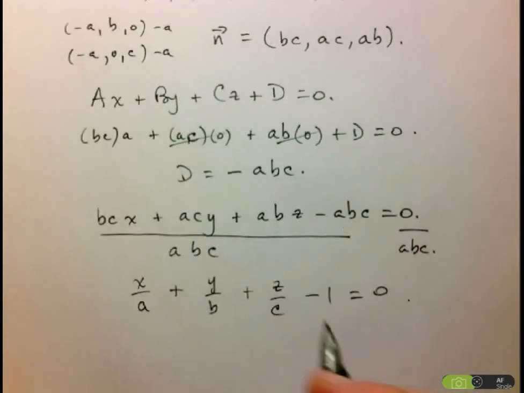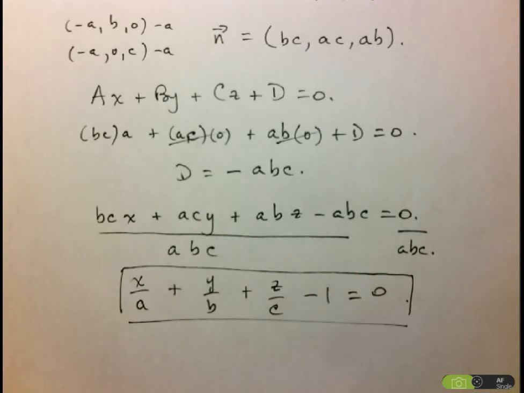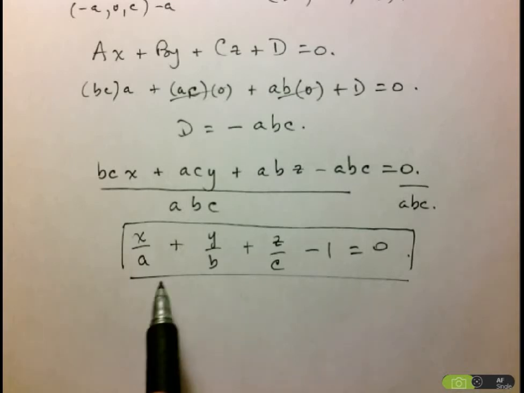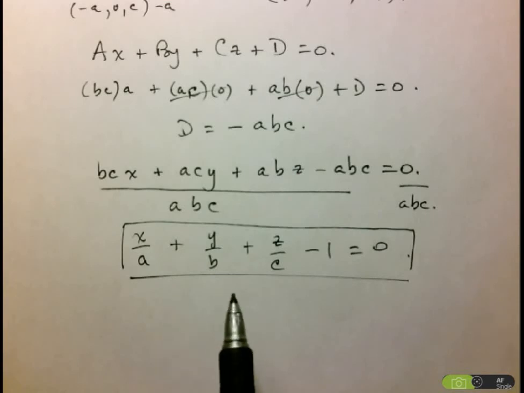And there we have it, a much nicer version of this equation of the plane. This essentially gives us a format that if we know the x, y, and z intercepts of a plane, we can just stick them into this equation.